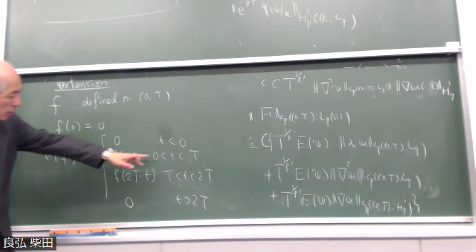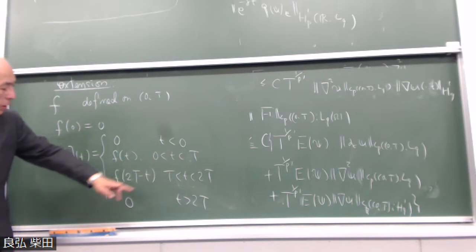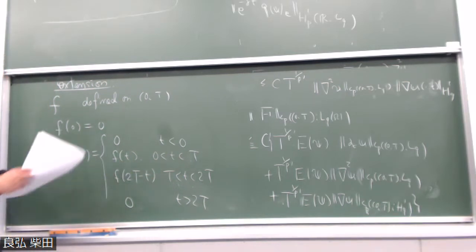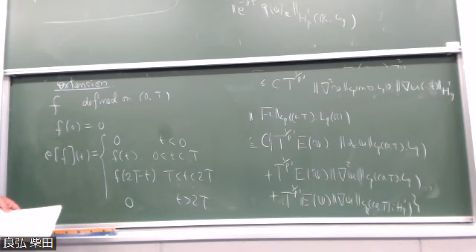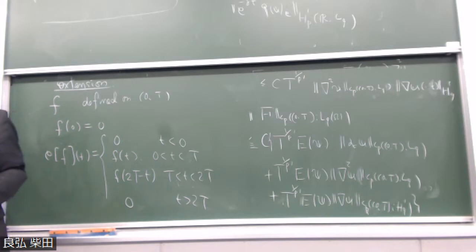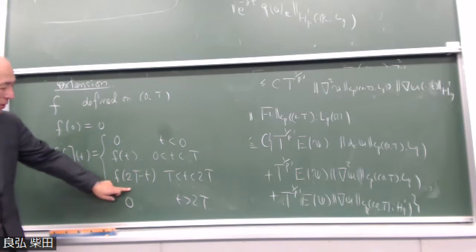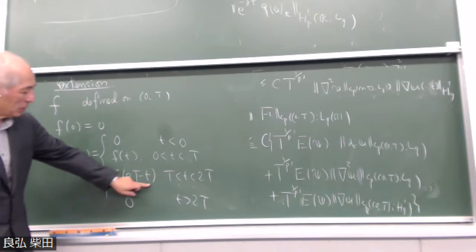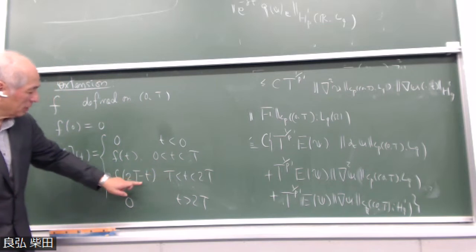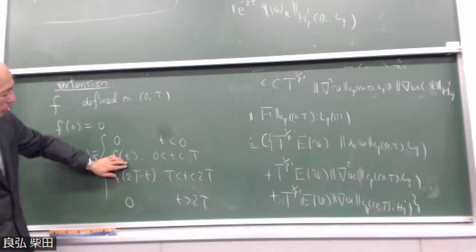And then after t is greater than capital T, in Japanese it's called orikaishi. How do you say orikaishi? A reflection. Yes, reflection. So when t equals capital T, these two terms coincide.